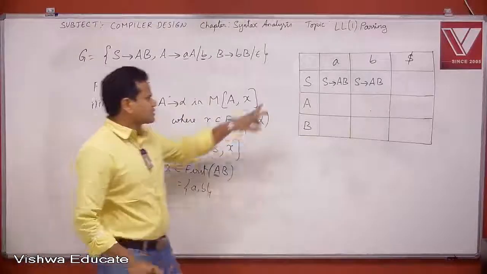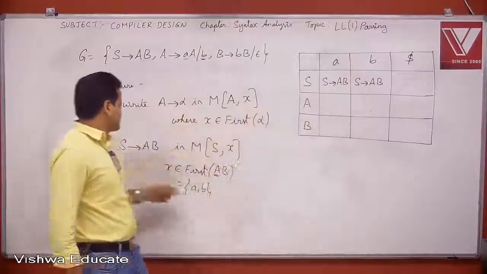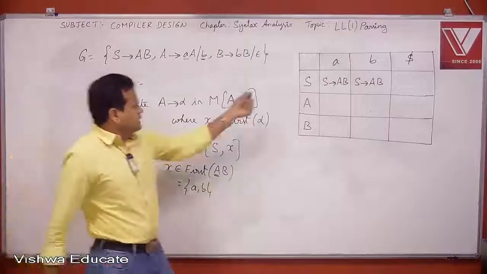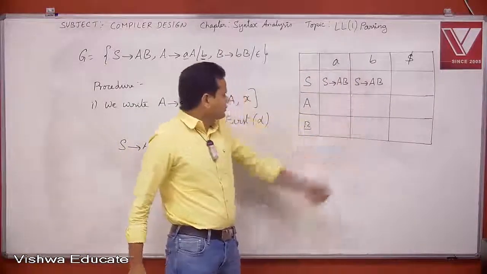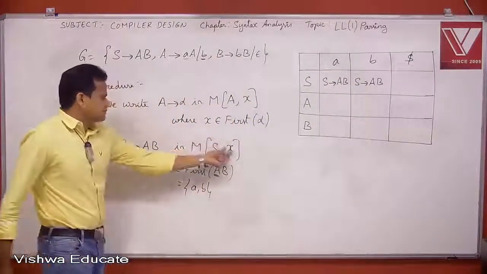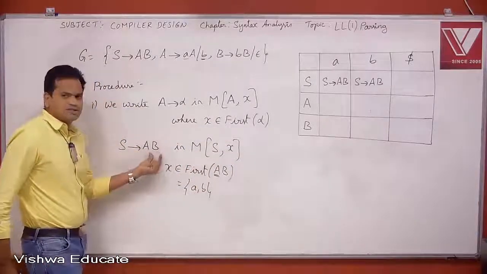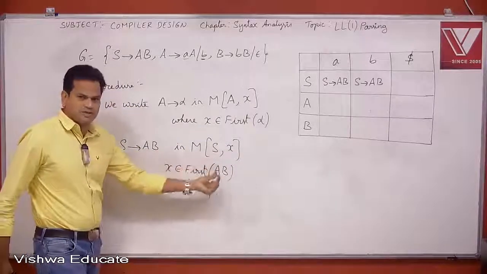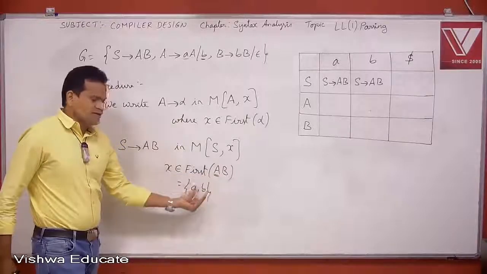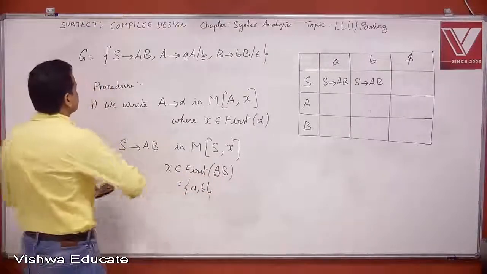Why in the S row? Because it's an S production. Why in the A column and B column? Because x is first of alpha. First of alpha is first of AB, which is first of A, which is A, B. So this production is completed.